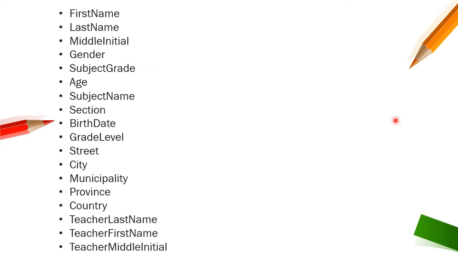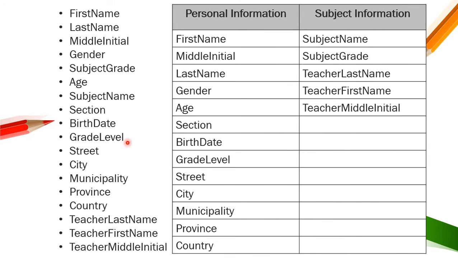That's why if we are going to assign these field names to their respective tables, this will be the expected result. We have the different field names under the personal information, which are the first name, middle initial, last name, gender, age, section, birth date, grade level, street, city, municipality, province, and country.